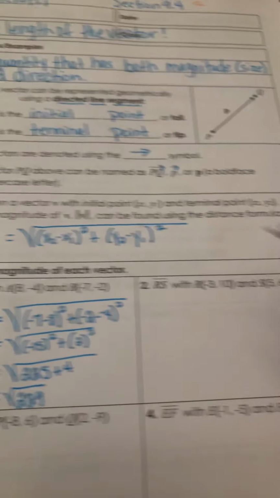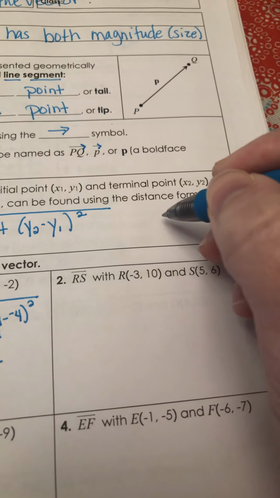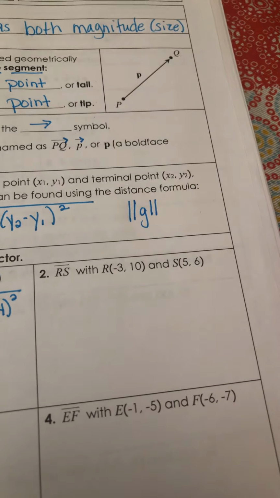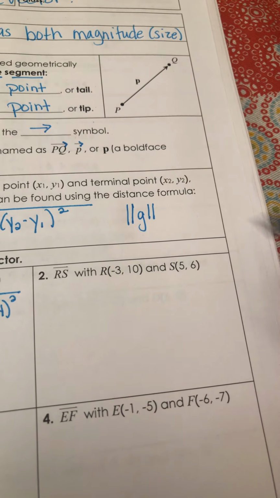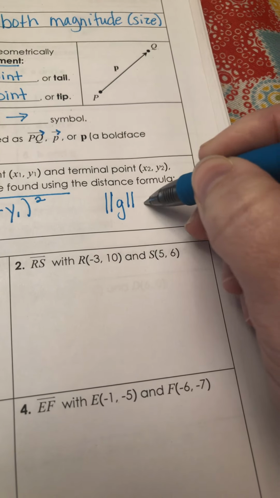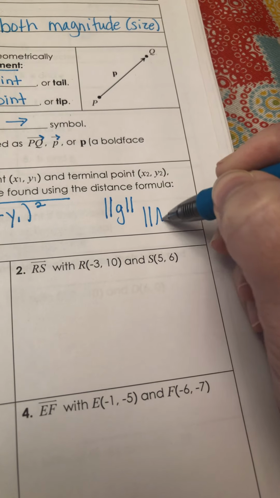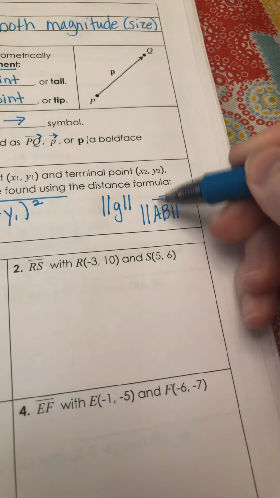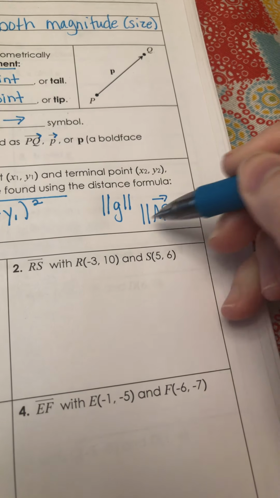If I were finding the magnitude of vector G, I would have two parallel lines and then the name of the vector: parallel, G, parallel. If I were finding the magnitude of vector AB, I would have the name of the vector with parallel lines on each side.